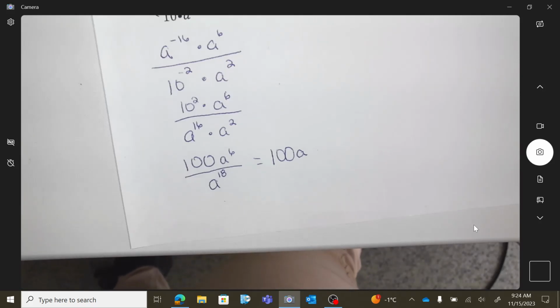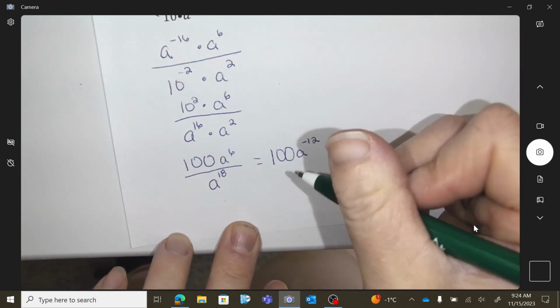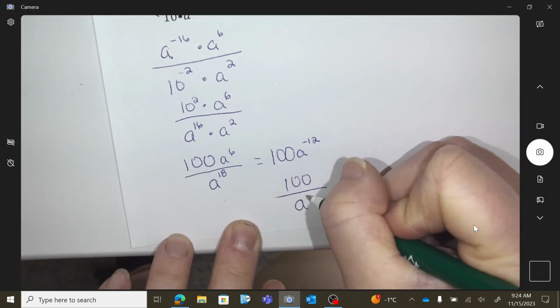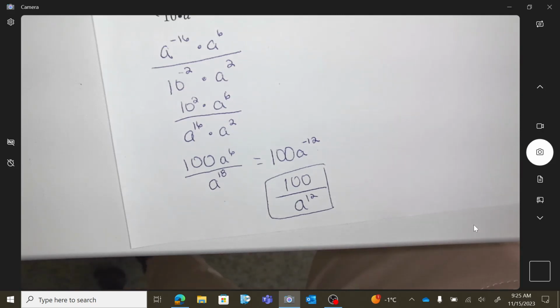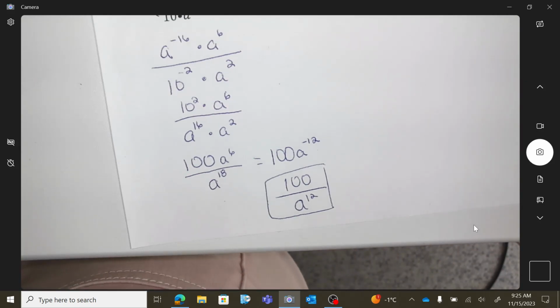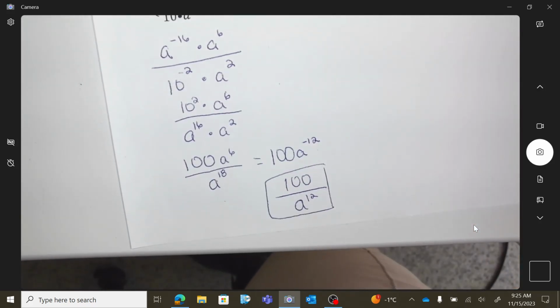So a 6 minus 18 is negative 12. And on your test, I'm looking for you to not express with negative exponents. Okay, all final answers on tests are not to have negative exponents on them. Okay, some of you probably understand this, just canceling an A to the 6 out, canceling an A to the 6 out.